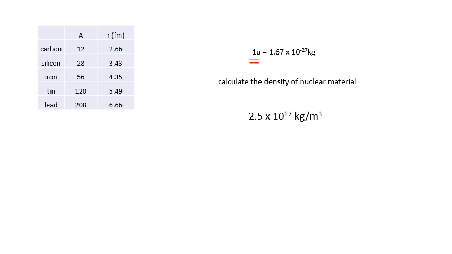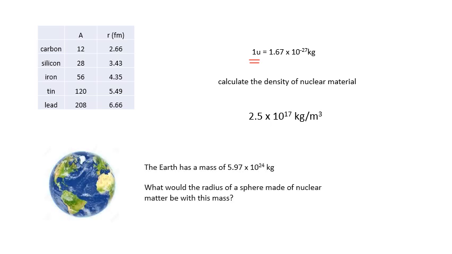That's big. You might have to do a comparison like this, okay? The Earth has a mass of 5.97 times 10 to the 24 kilograms. What would be the radius of a sphere made of nuclear material which had that mass? It would be about 180 meters, okay?